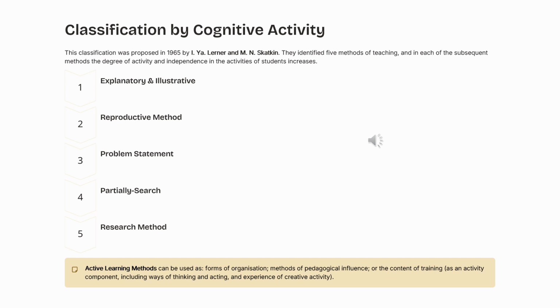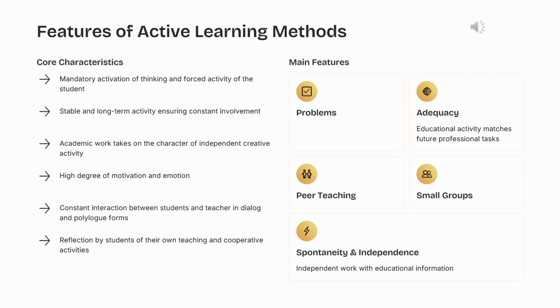in university teaching. The next slide identifies the defining features of active learning methods. Among them are the mandatory activation of thinking, stable and long-term involvement, the transformation of academic work into independent creative activity, a high degree of motivation and emotional engagement, constant interaction between students and teacher, and student reflection on their own learning and cooperative activity.